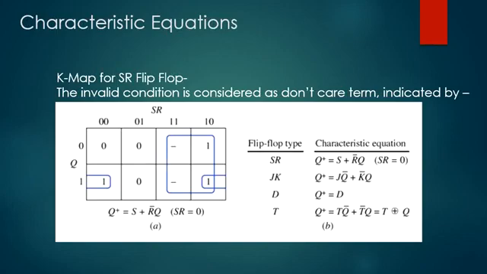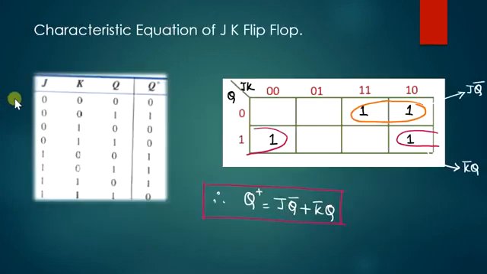Next, let us look into obtaining the characteristic equations of JK, D and T flip-flop by simplifying using the Karnaugh map. So here I have the function table wherein I have represented the present state and the next state. I will require a 3-variable Karnaugh map, and I have represented the JK variables here and Q variable here.